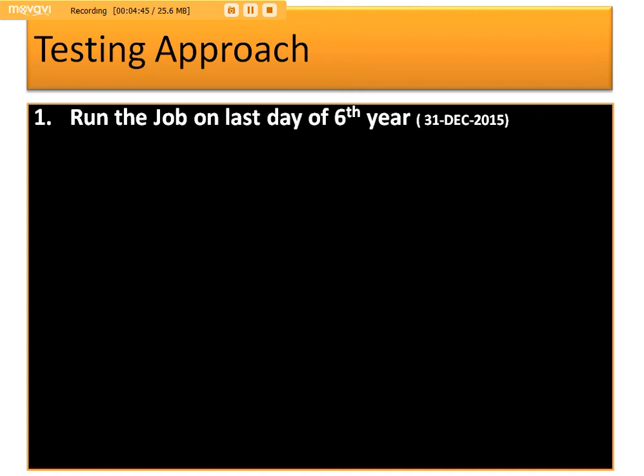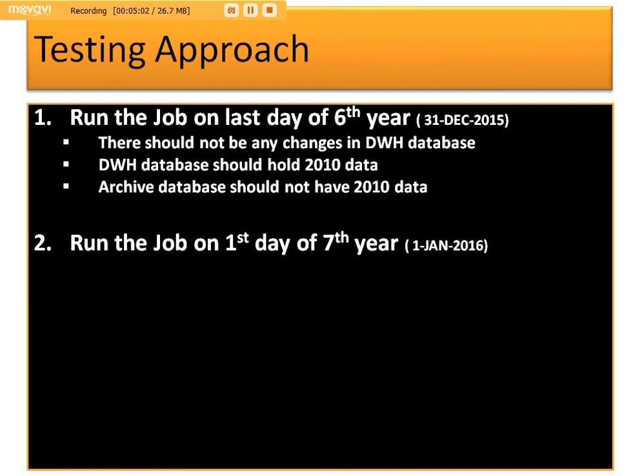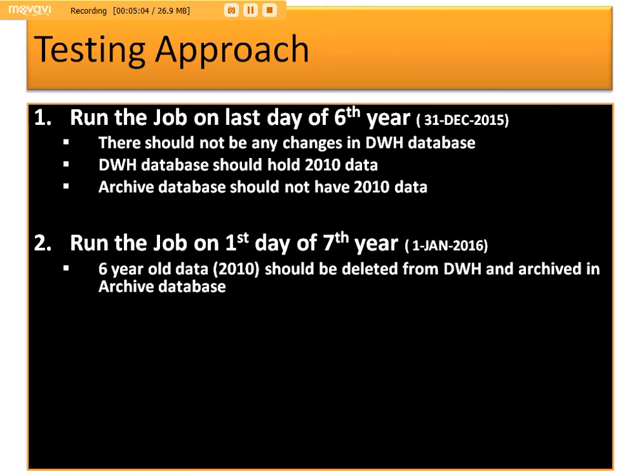The testing approach would be to run the job on the last day of the 6th year, and we need to make sure that there are no changes in the data warehouse database; it should hold the 2010 data also. And what about the first day of the 7th year? The database only keeps 6 years of data.